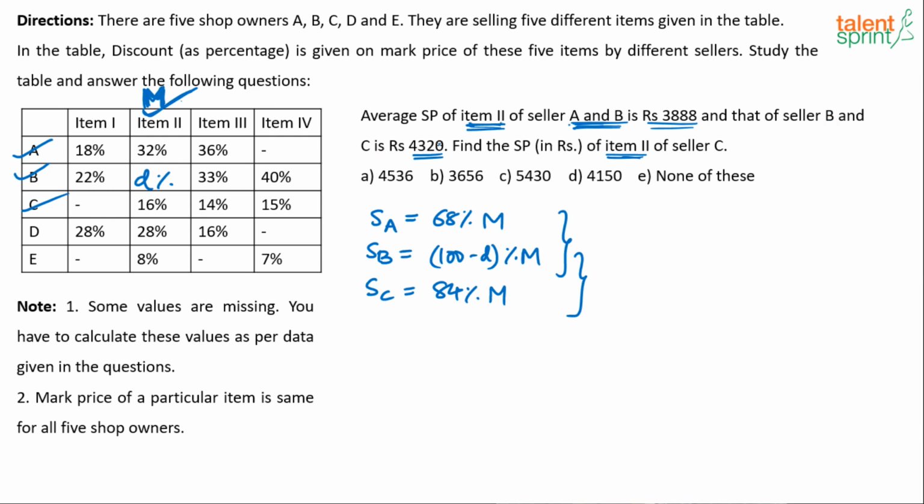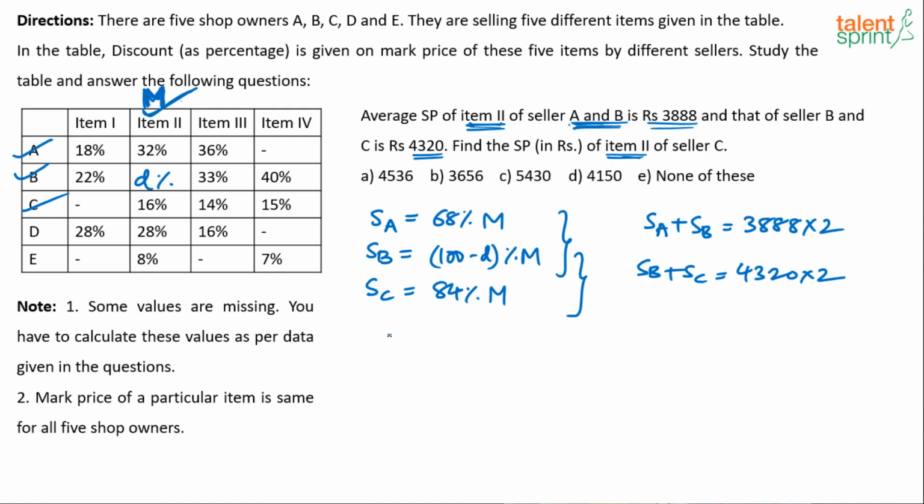Similarly, average of B and C is 4320. So sum of B and C will be 4320 into 2. So basically, SA plus SB is 3888 times 2 and SB plus SC is 4320 times 2. Work on this. You will eventually be able to find out M and D from those two equations and then get the required answer.